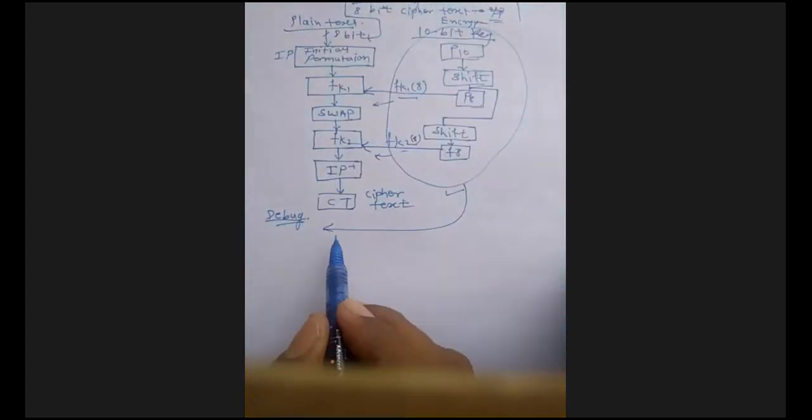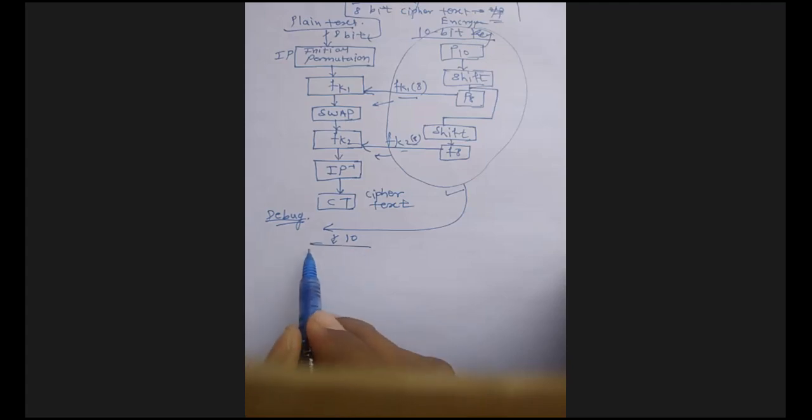So what is my input value? Suppose I take as my input value the 10-bit key. Let me put one block over here, so that it is easy for you to understand. P10, this is the one block I have taken.